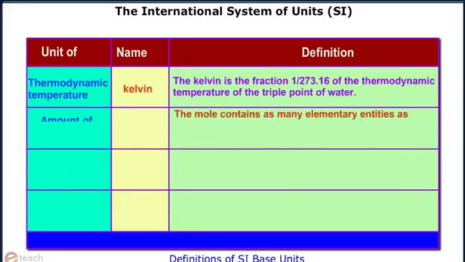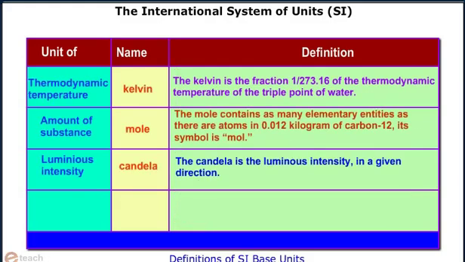The Kelvin is the fraction 1 by 273.16 of the thermodynamic temperature of the triple point of water. The mole contains as many elementary entities as there are atoms in 0.012 kilograms of carbon-12.